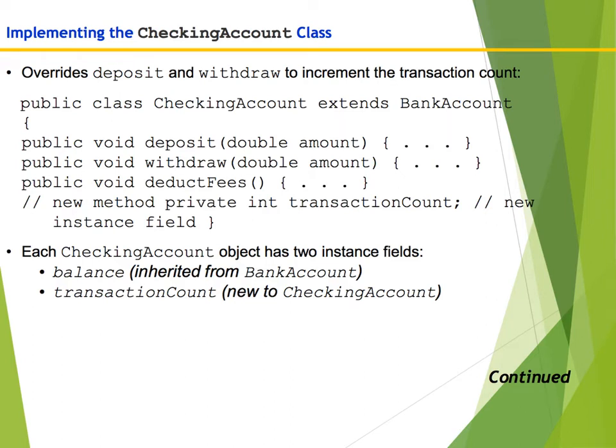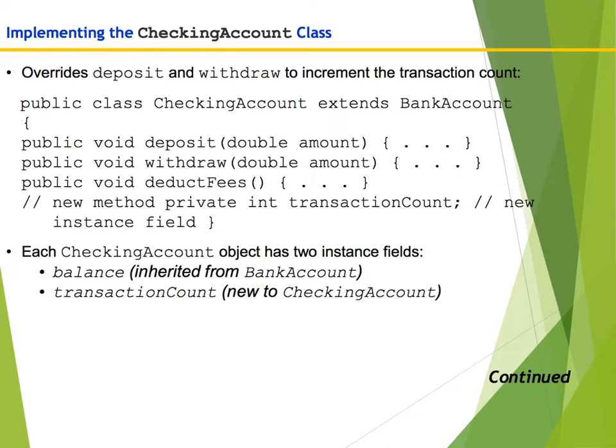In the example of bank accounts, as you remember, we said we need to provide a different implementation for deposit and withdraw in checking account because we are going to keep track of the number of transactions so that we can charge the customer if he or she wants to have more than a limited number of transactions per month. So we need to override the deposit and withdraw methods of the superclass to increment the transaction count.